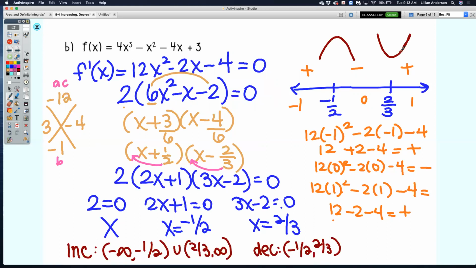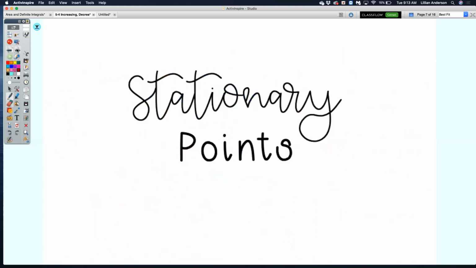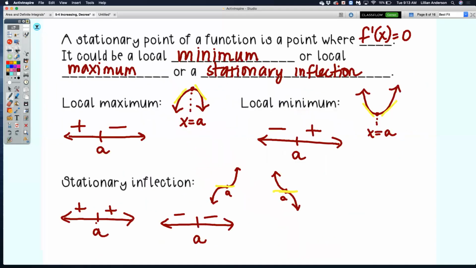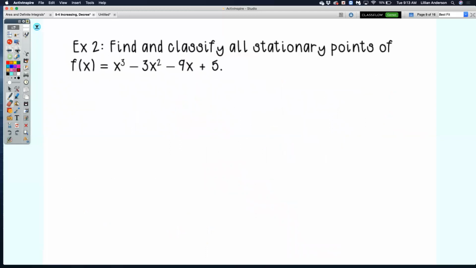So the first derivative tells you a lot of stuff. Not just the gradient of your tangent lines, but it can also tell you where you have your maximums and minimums, where your graph is increasing and decreasing, or if you just have an inflection point.